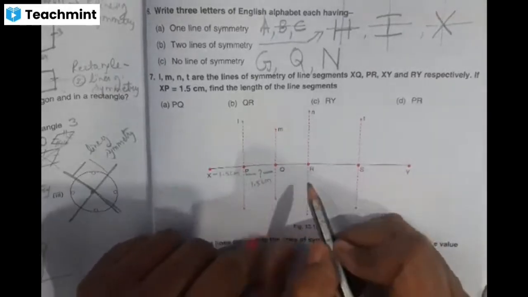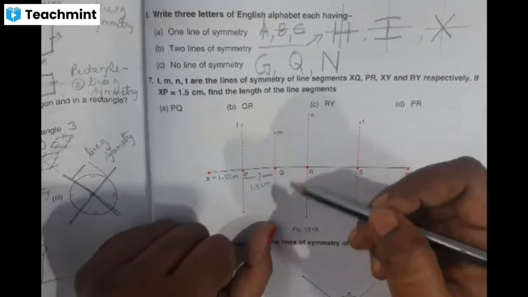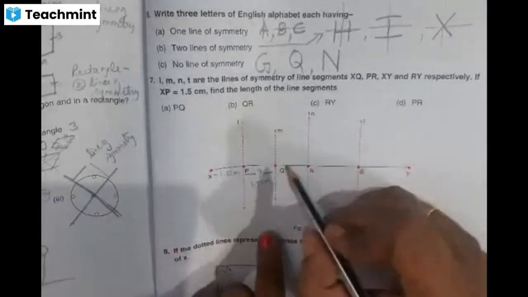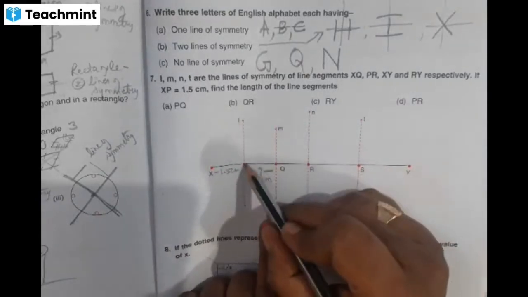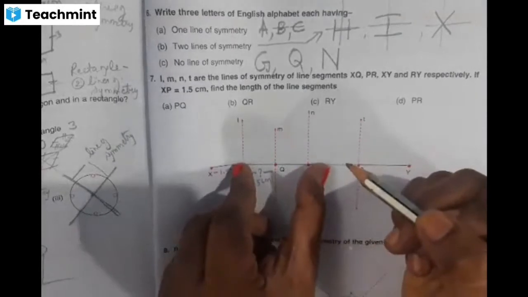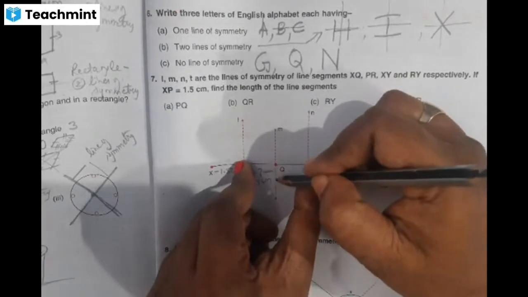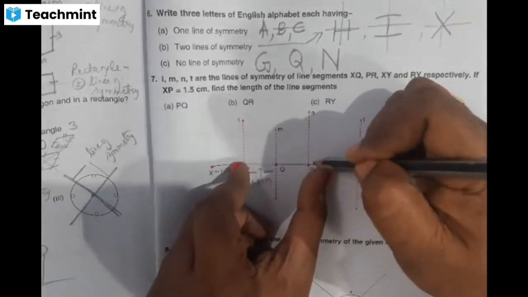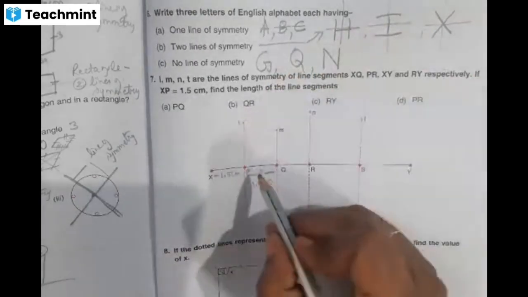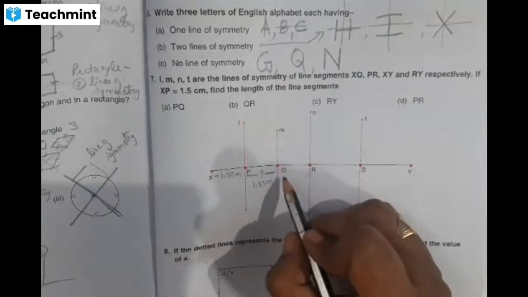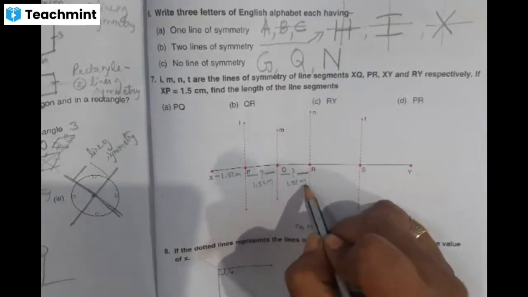To find QR, we know M is a line of symmetry for the line segment PR. This is the line segment PR and this is the line of symmetry. If this line of symmetry bisects, that is, divides this line segment into two equal parts, then if PQ is equal to 1.5, QR must also be equal to 1.5 centimeter.